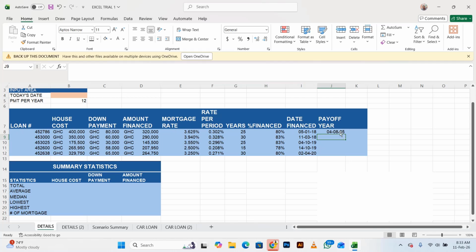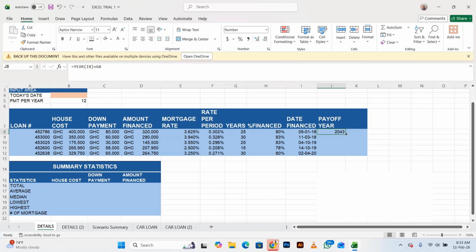So it will give this to you, which ideally you might not understand. So we are told to change this thing to numbers. Change it to numbers, and then make sure that the decimal is 0. So it means after 2018, when you give the loan to the person, 25 years time, it will be 2043.